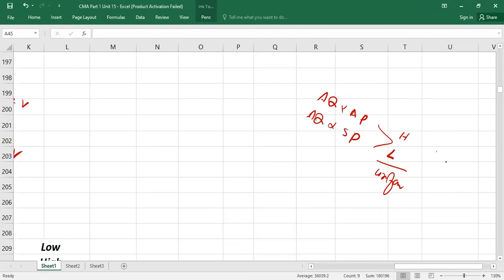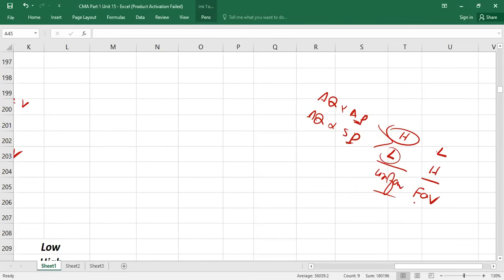If the first line is lower and the second line is higher, it is a favorable variance. Why? Because if actual price is more and standard budget price is less, obviously it is unfavorable because you're actually paying more.